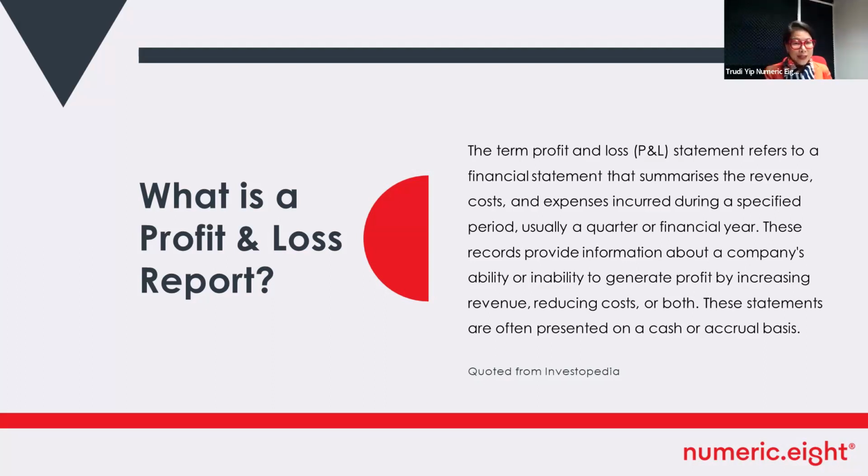Let me just say that Numeric Eight like to do it on a monthly basis. These records provide information about a company's ability or inability to generate profit by increasing revenue, reducing costs, or both. These statements are often presented on a cash or accrual basis. We'll go into that in more detail in a second, but I just wanted to give you the definition of what a profit and loss report is firstly.